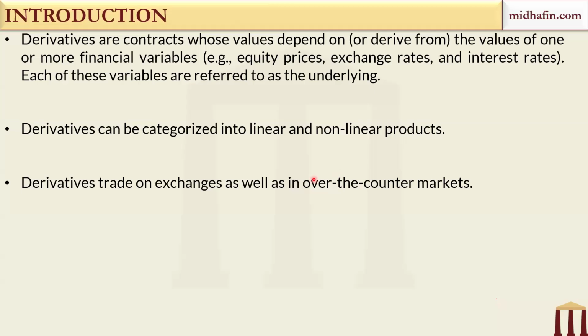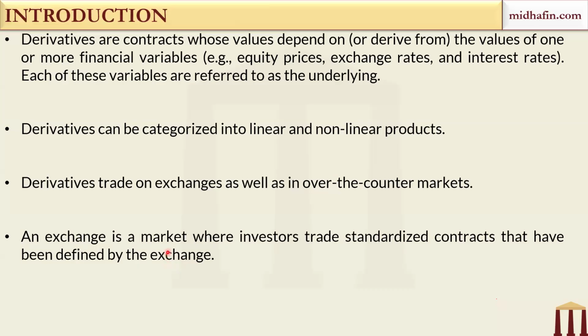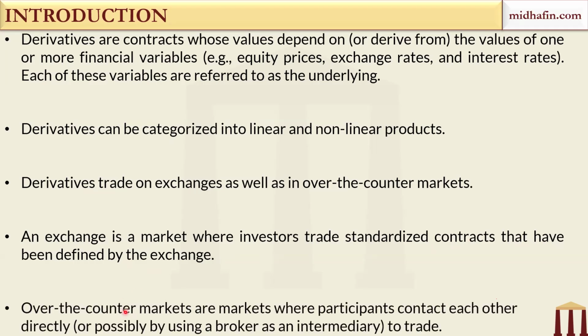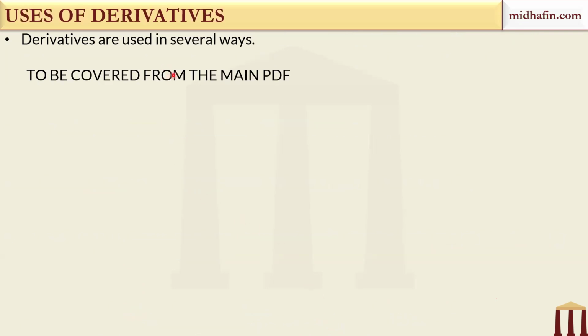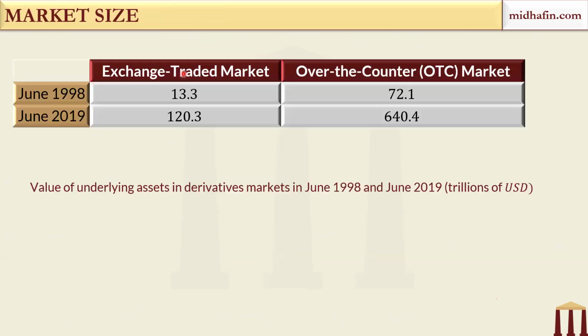On an exchange, you have standardized contracts being traded, and all the terms and conditions of these contracts are defined by the exchange itself. Meanwhile, in over-the-counter markets, participants directly trade with one another, often with the help of brokers who act as intermediaries. The uses of derivatives you can directly cover from the PDF.